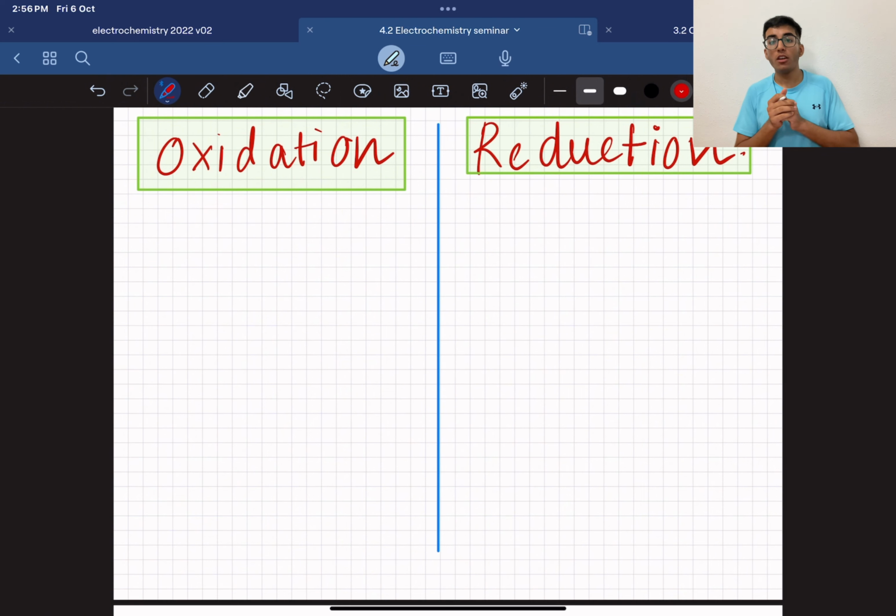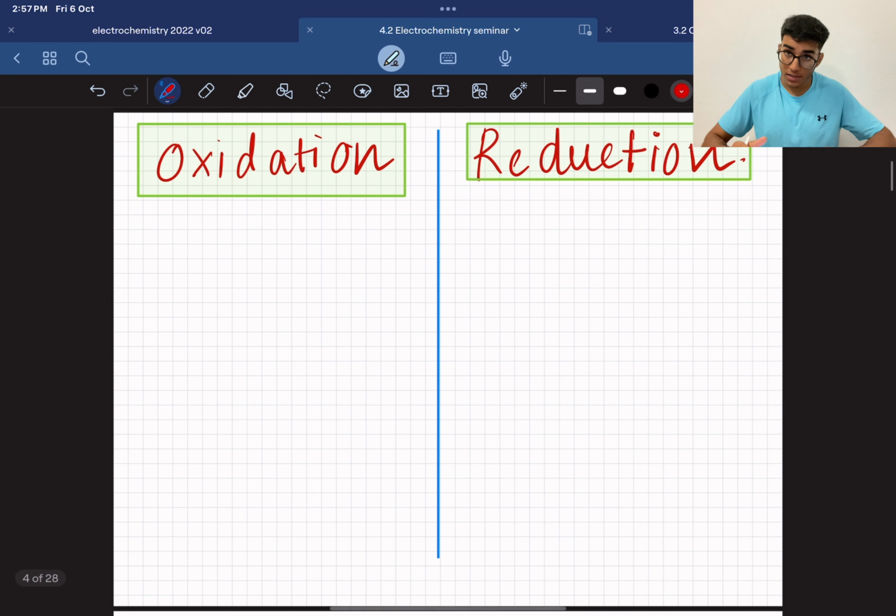Okay, so now what do we need to understand about oxidation and reduction? Let me tell you what oxidation is and what reduction is. Oxidation can be defined in a few ways, as well as reduction.